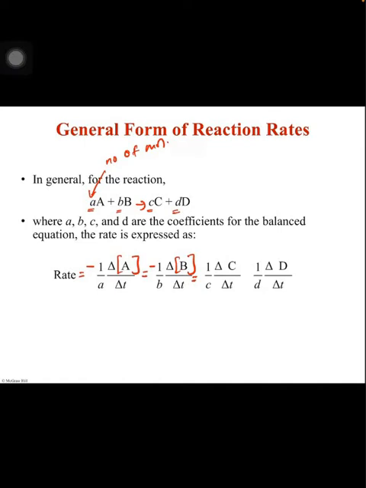Jadi no need to write negative sign dah. Sebab kita refer kepada appearance. So dia akan jadi 1 over C concentration of C equals to 1 over D concentration of D. So dua ni kita panggil dia sebagai disappearance. Yang ni adalah appearance. Okay, boleh?